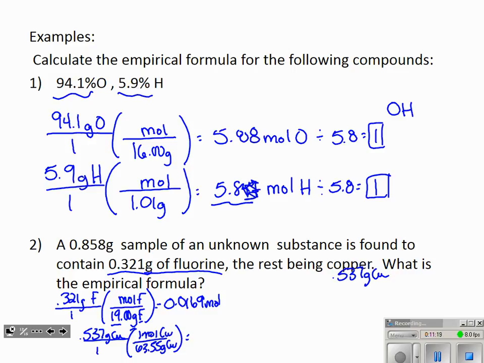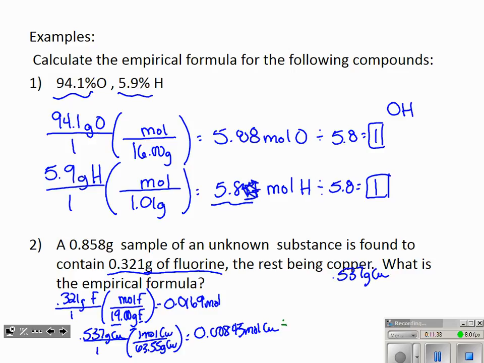And that's going to give us 0.00845 moles of copper. We're not done, because once we have moles, we need to get the smallest whole number ratio by dividing each by the smallest number of moles.